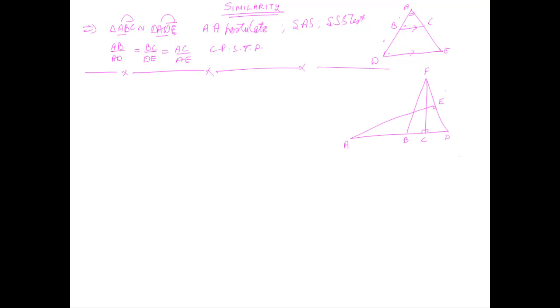If question says, children, in the adjoining figure, FB equal to FD, it's already been given to us. FB equals to FD. AE is perpendicular to FD.